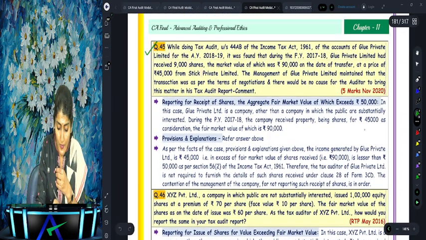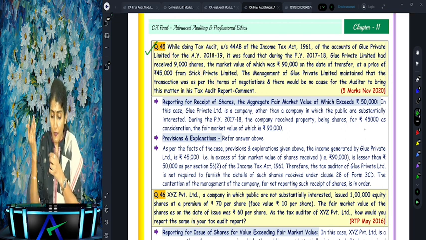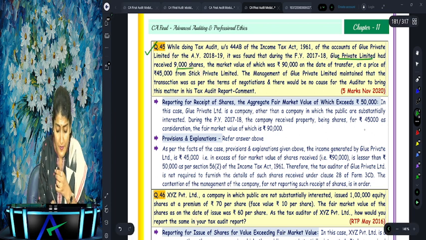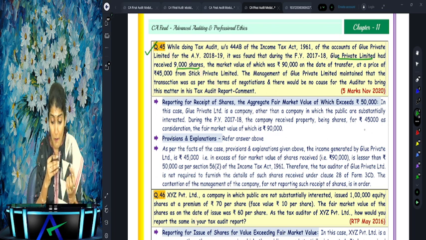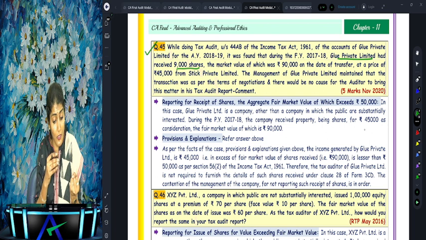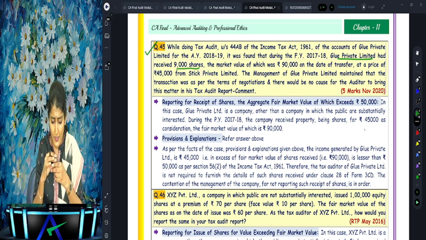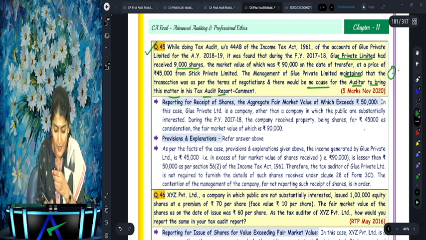Then, while doing the tax audit under 44AB of the Income Tax Act of the accounts of Glue Private Limited, it was found that Glue Private Limited had received 9,000 shares, the market value of which was 90,000 on the date of transfer, at a price of 45,000 from Stick Private Limited. The management of Glue mentioned that the transaction was as per the terms of the negotiation, and there would be no cost for the auditor to bring this matter in the tax audit report.